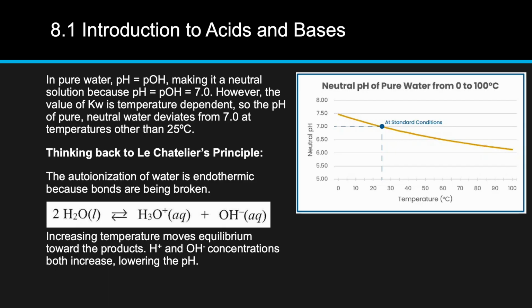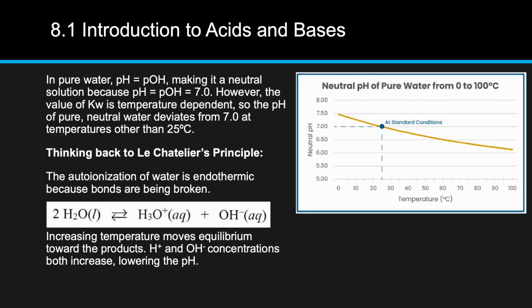Looking at the autoionization of water, we can see that liquid water is being broken apart into its constituent ions. And we know in order to break bonds, we have to put energy in. And when energy is put in, that means we have an endothermic reaction.